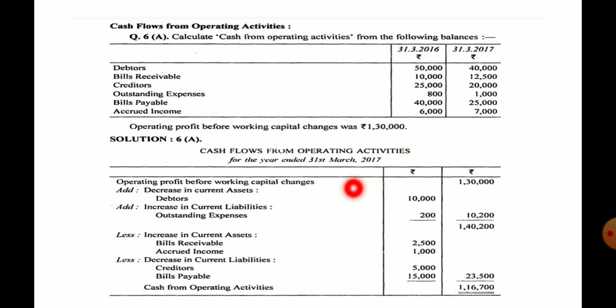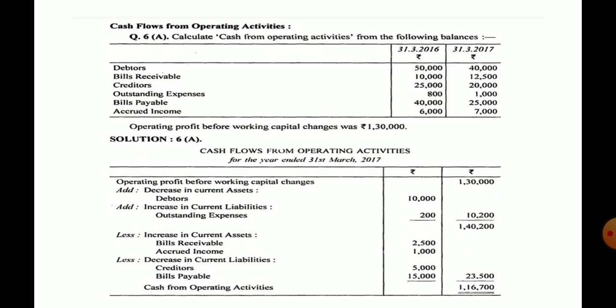Now add increase in current liability. Check here, outstanding expenses 800, now it becomes 1,000, right? So it will be added here. 10,000 plus 200, 10,200 will be added to 1,30,000 and becomes 1,40,200.